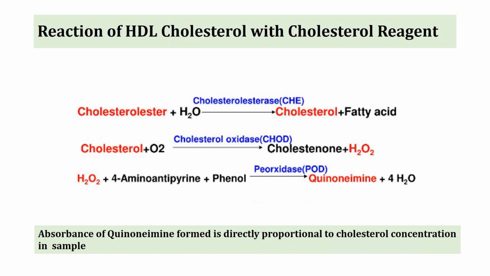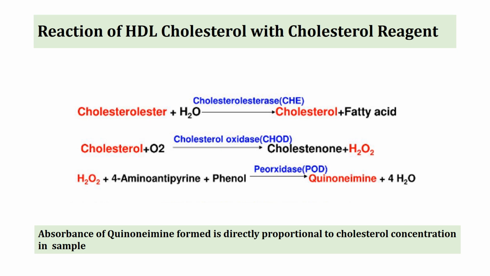Now the reaction of HDL cholesterol present in supernatant with cholesterol reagent. So cholesterol esters present in HDL cholesterol are first converted into cholesterol by cholesterol esterase enzyme present in the reagent, and free cholesterol now reacts with oxygen in the presence of cholesterol oxidase enzyme and gets converted into cholestenone with production of hydrogen peroxide.